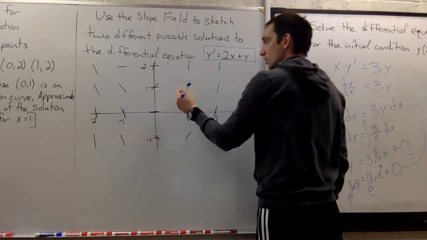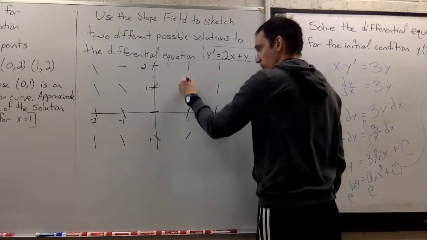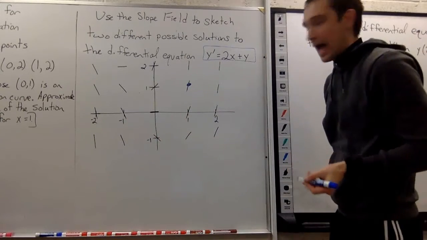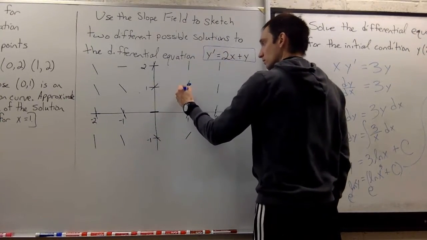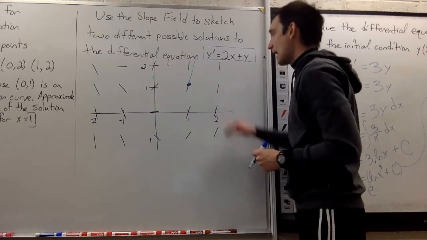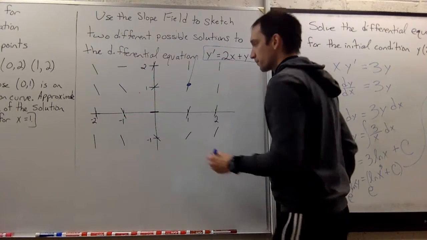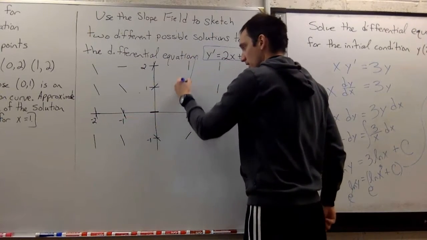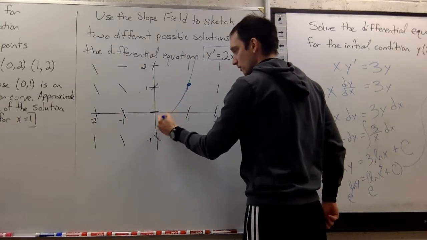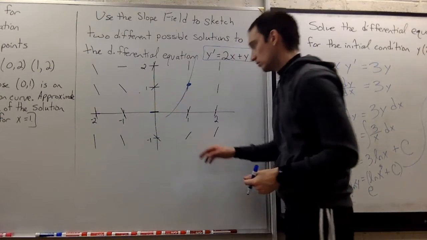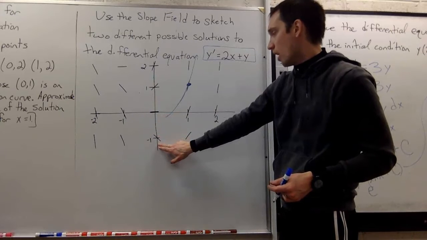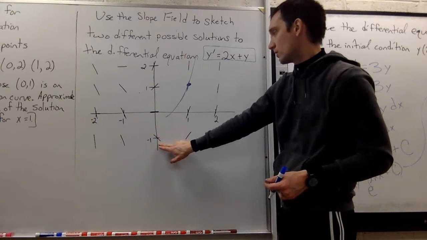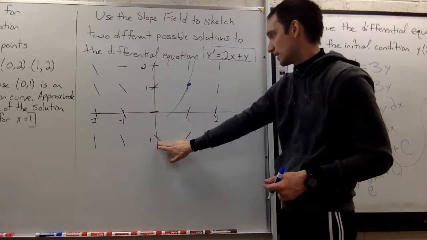So that means your curve needs to follow this tick mark right through that point. As you go further to the right, you're going to be going up really steeply. As you come to the left, it's going to get less steep. Now, between 0 and -1, on the y-axis, you can see that this is flat and then this is negative.